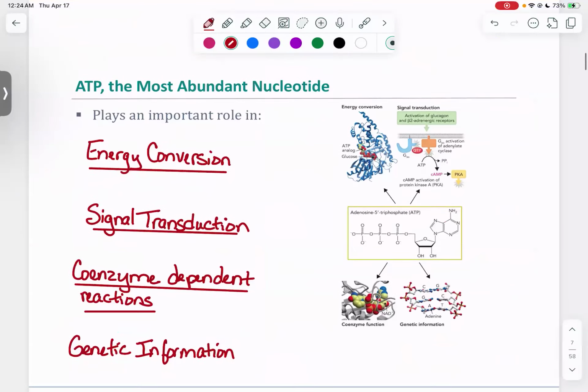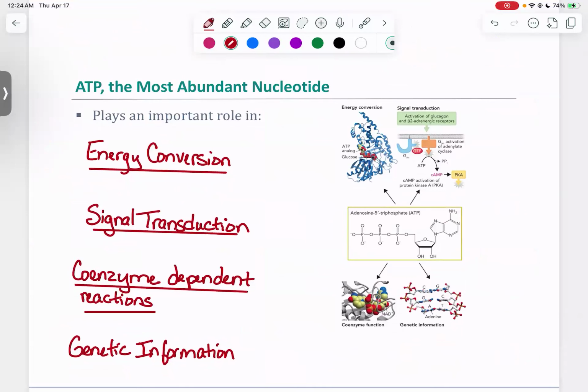Okay, so everybody, when you think nucleotides, most people think, oh, ATP. So we're going to talk about the role of just one nucleotide in a bunch of different things, right? ATP makes it really easy to do that. Energy conversion is your first go-to when you think about it, right?